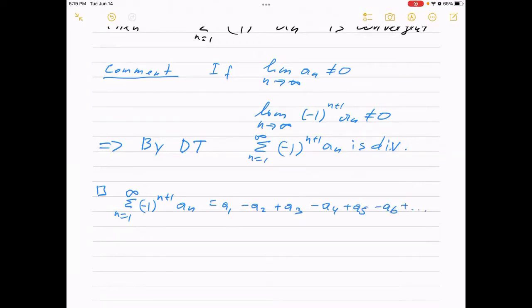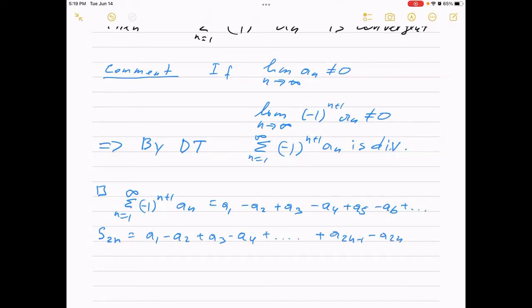We're going to look at the even partial sum. The even partial sum s_2n: we start with a1, then subtract a2, and add a3, then subtract a4, and so on, plus a_(2n-1) minus a_2n.